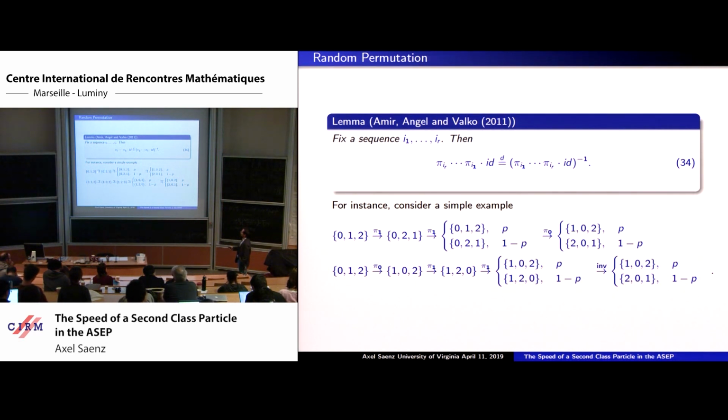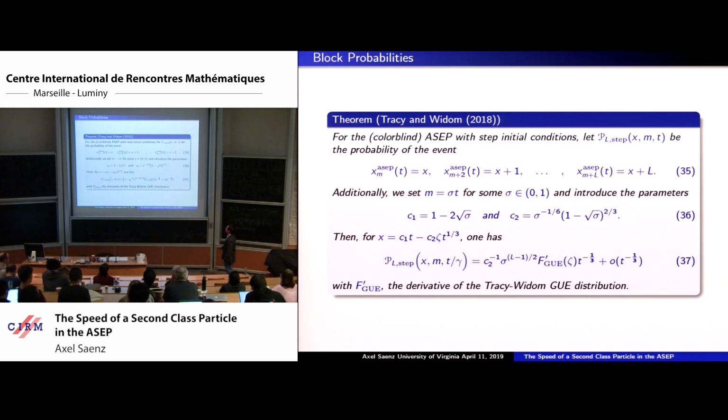So here, I apply pi 1, then pi 0, and I get these configurations. Then I do it in the opposite order, pi 0, then pi 1, and then I look at the inverse, and they're going to have the same distribution. So this allows you to look at the two opposite things with different evolutions, and it allows you to translate from one configuration to another. And this is essentially the integrability result.